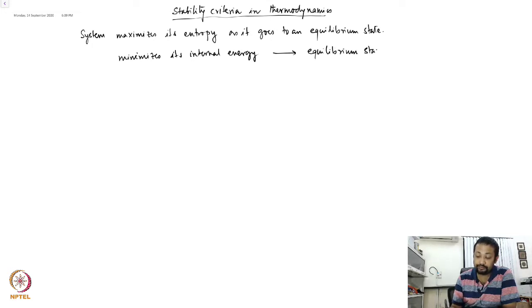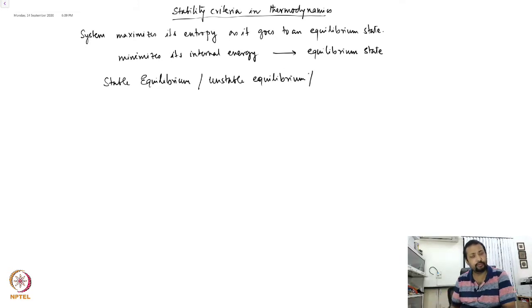Now in mechanics we have learned about different kinds of equilibrium: a stable equilibrium and an unstable equilibrium. There is yet one more kind of equilibrium, which we are not going to talk about in this lecture or in this course, but which is very relevant particularly for people who study glassy systems. That is what is called the metastable equilibrium. But we are not going to talk about this.